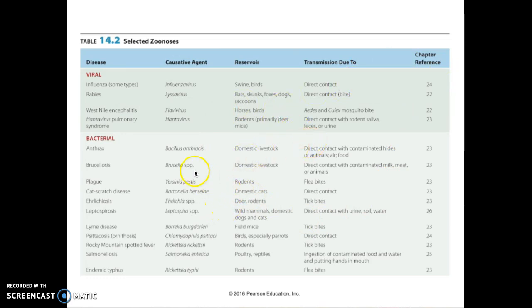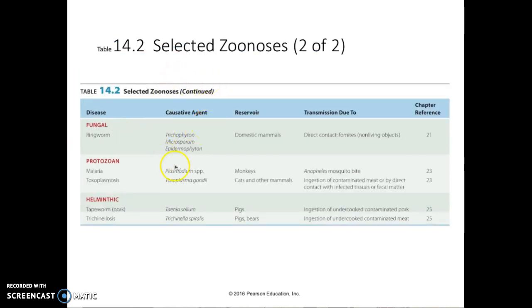So you'll have to know either the causative agent, not going to spend a whole lot of time on, but the reservoir, the disease, or the causative agent, and how it's transmitted. We'll talk a little bit about transmission here, but this table 14.2 is very important for you to drill and study. You have 14.2 continued. Again, the different diseases. This will come in handy as we transition to the last unit of the course.